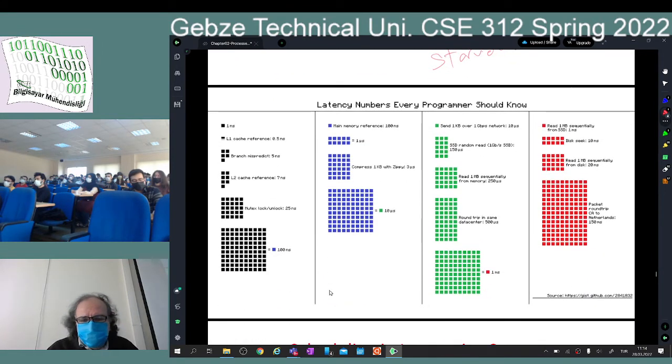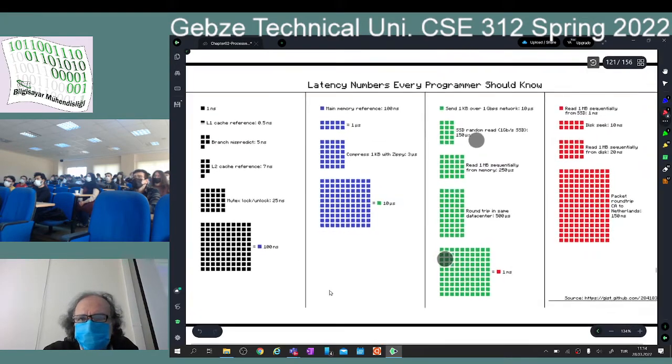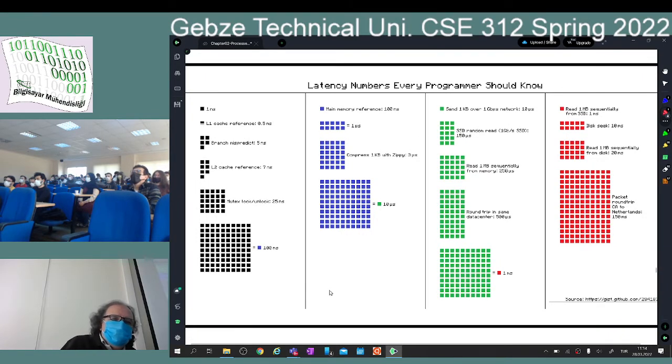Okay, good. Let's look at these numbers a little bit. When we talk about seconds, milliseconds, microseconds, nanoseconds, and so on, let's look at some relevant stuff.